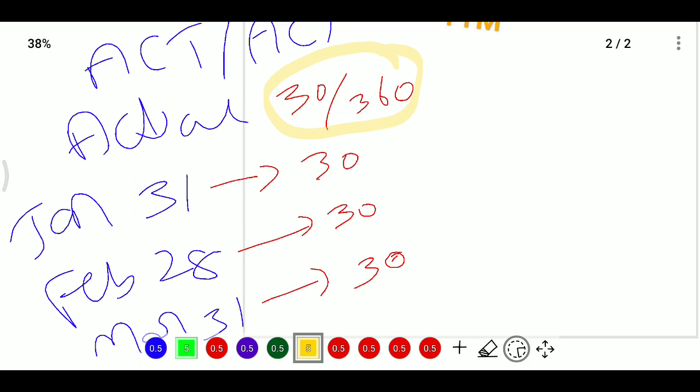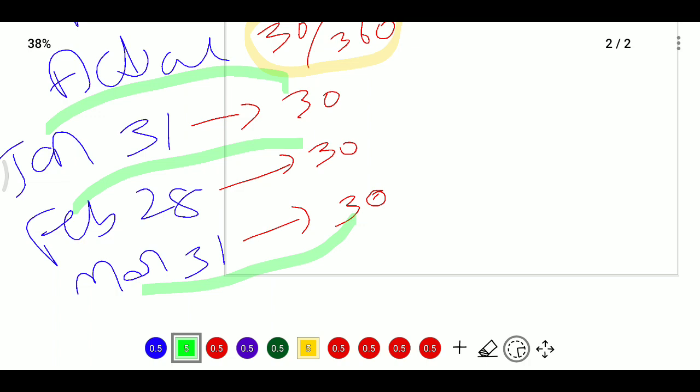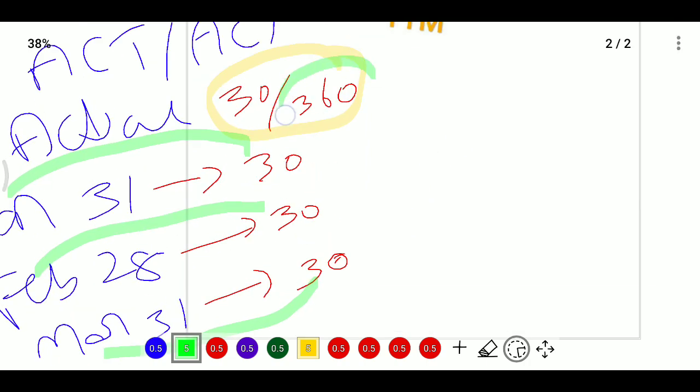Then you take January 30 days, February 30 days, March 30 days, and April also 30 days, and for the full year 360 days. That is the 30/360 day convention. In this case, all months are assumed to accrue the same amount of interest.